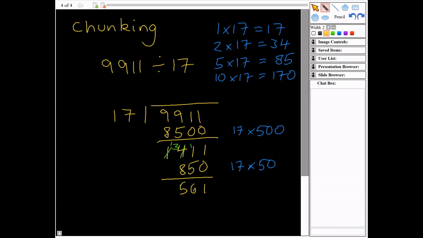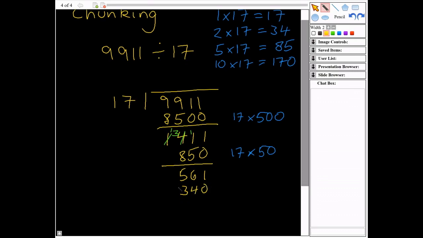So I've got 561. So then I need to look again which one will fit. So this time with the 5, nothing will work. With the 56, the best one will be 34. Right, 34, fill up the remaining space with a 0 again. Now 34 would be 2 times 17, so this is going to be 17 times 20.